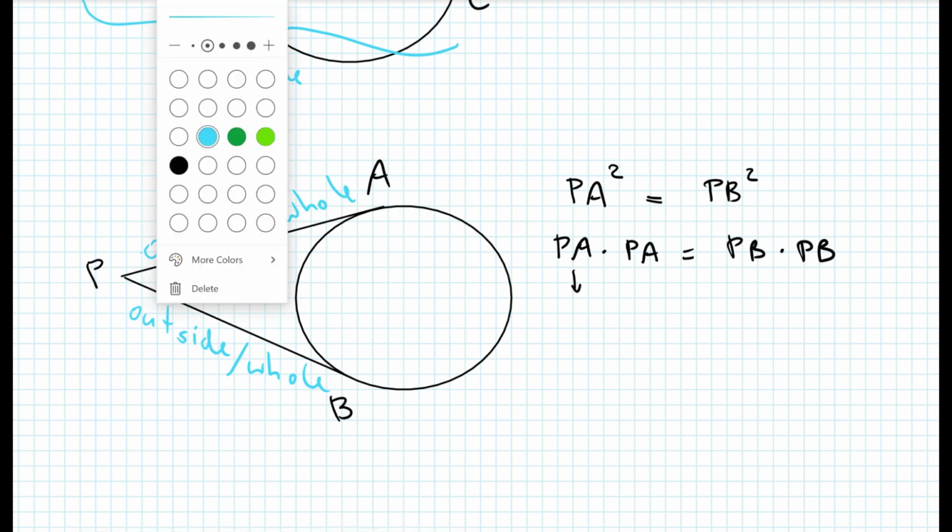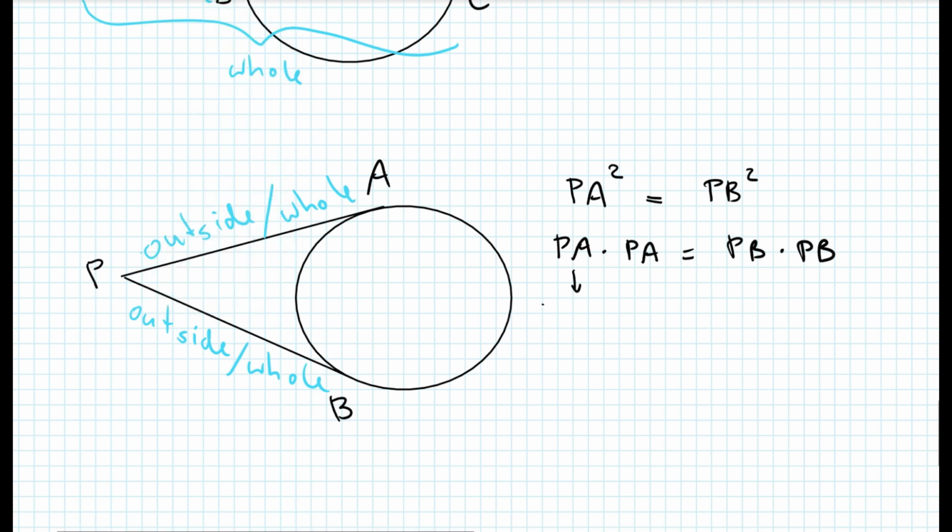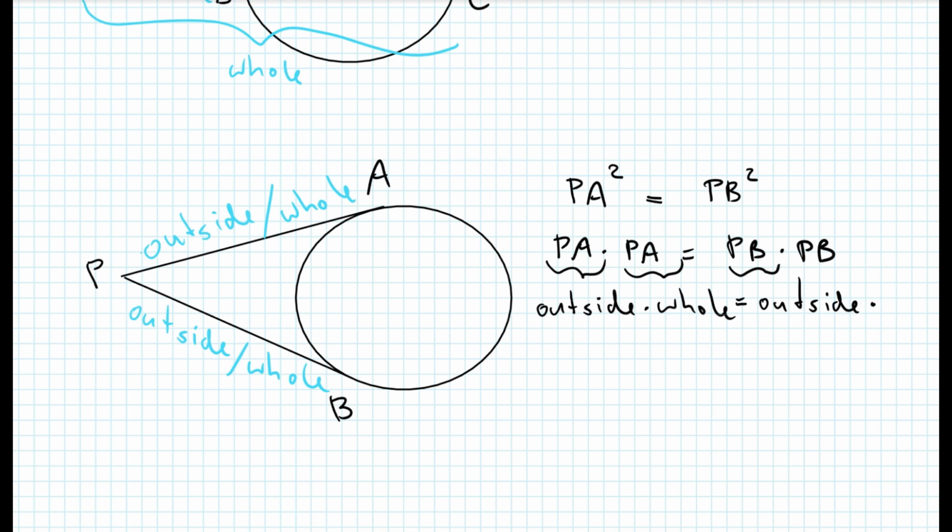Which means that this is called outside times the whole. Okay, so let me erase that arrow. There you go. Equal to, and PB is the outside again, times the whole.